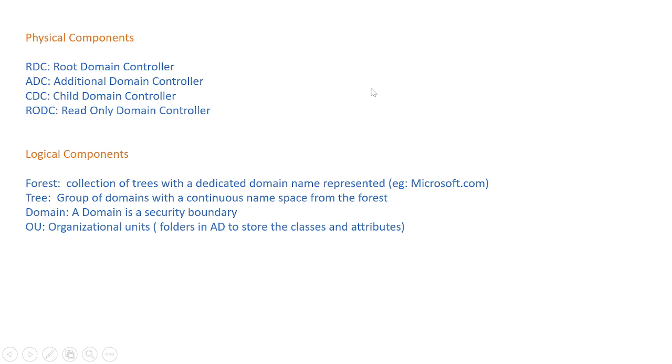What you do? You will install the Active Directory role, and you will configure it as a read-only domain controller. So what happens? Say for example, this is my server 01. This is DC 01. This is my root domain controller. So in your Mangalore office, you have a small server, and you will add this as an RODC.